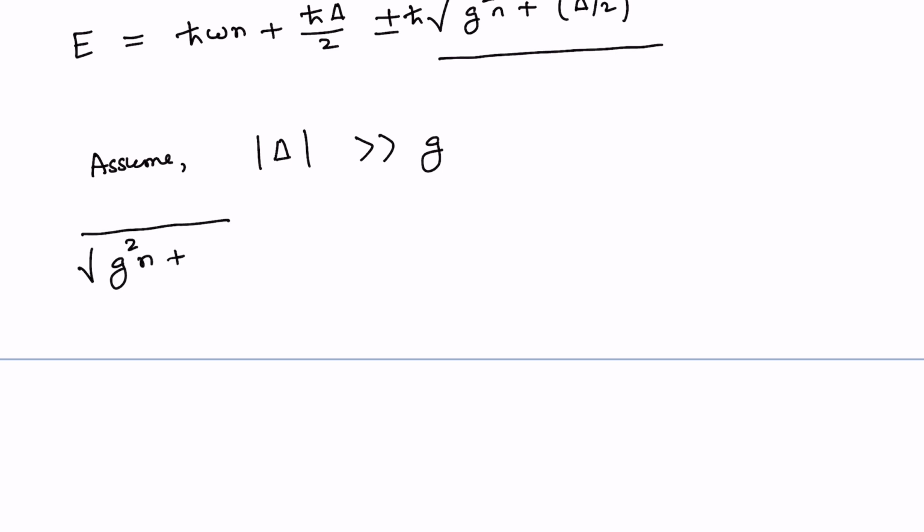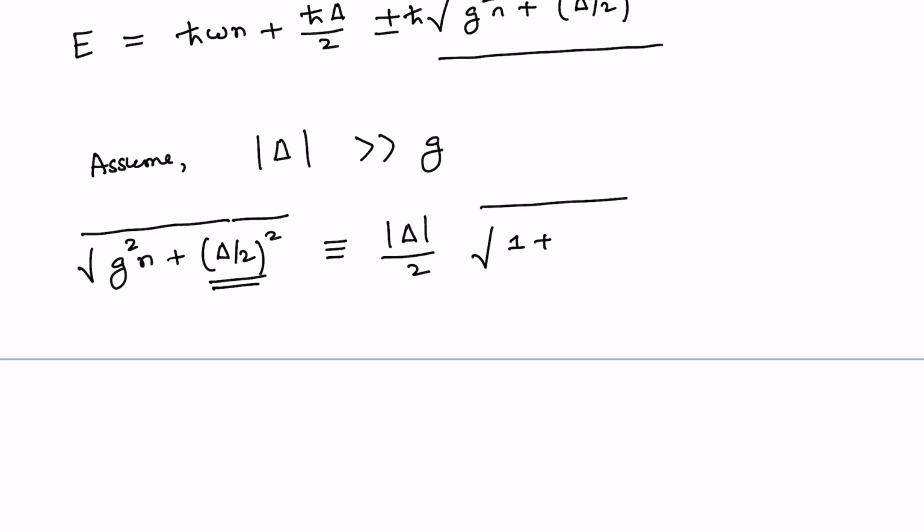Square root of g square n plus (delta by 2) whole square, if I take (delta by 2) whole square common, I have here 1 plus g square n divided by (delta by 2) whole square.